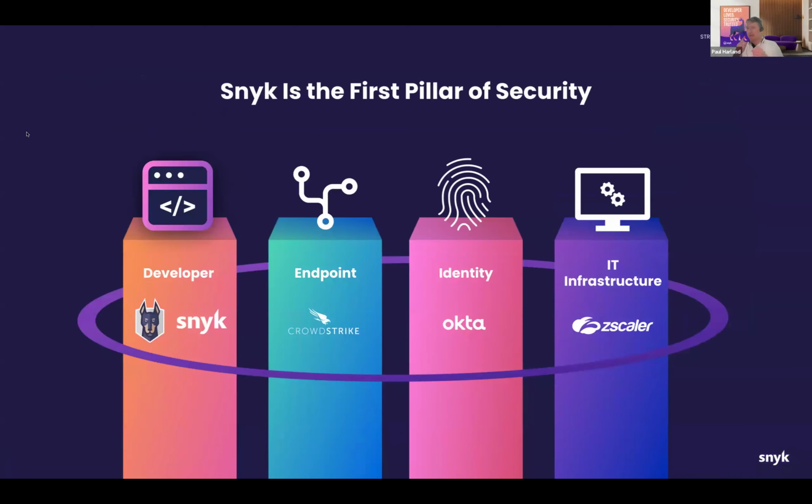Now, when you want to think about security, developer security is one of the pillars, but clearly you need other things as well. We're here to introduce that extra pillar of security for developer security, as in the past, people just assumed that if my endpoint, identity and access management, and IT infrastructure security was sorted, then my whole environment is secure.